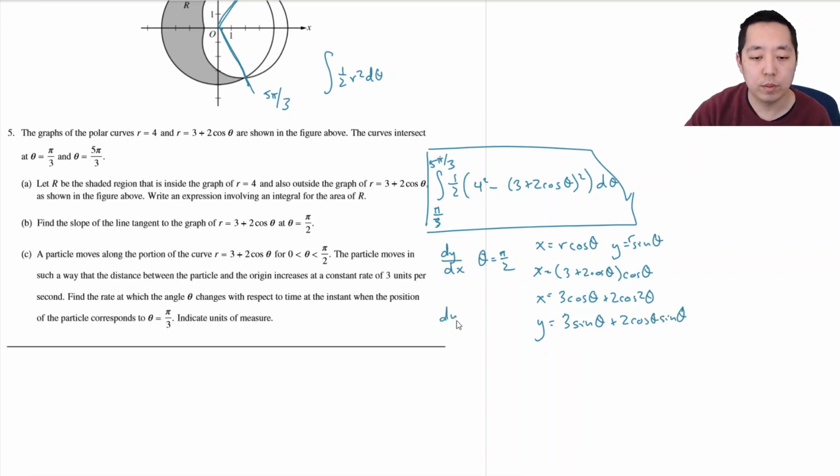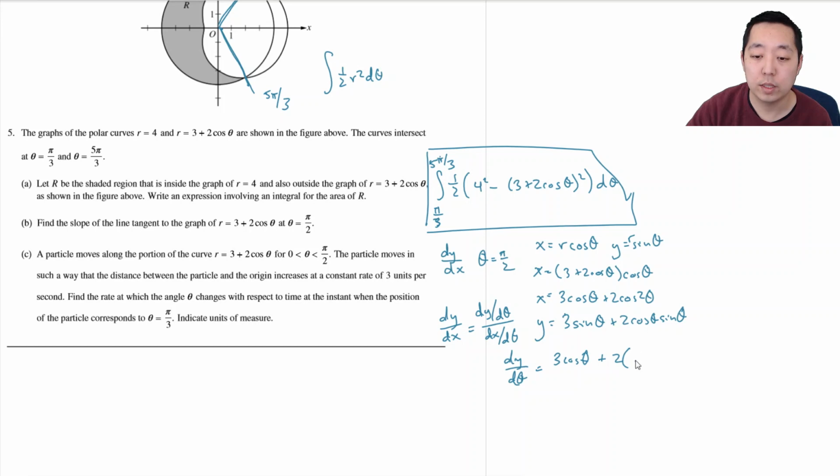And then we need to find what dy dx is. Well, dy dx by parametrics is dy d theta over dx d theta. dy d theta is this one here. So that's 3 cosine theta plus, you can do it 2 ways, but we'll just do product rule.